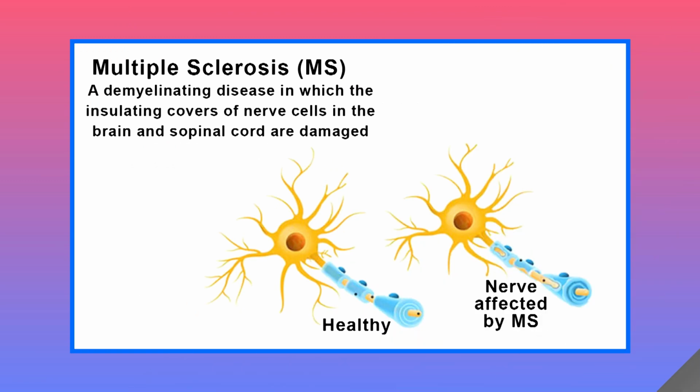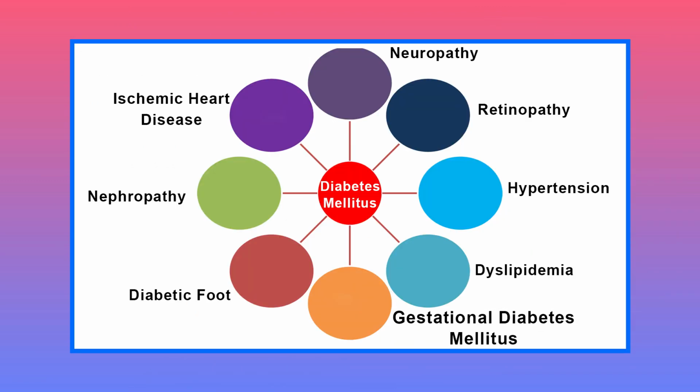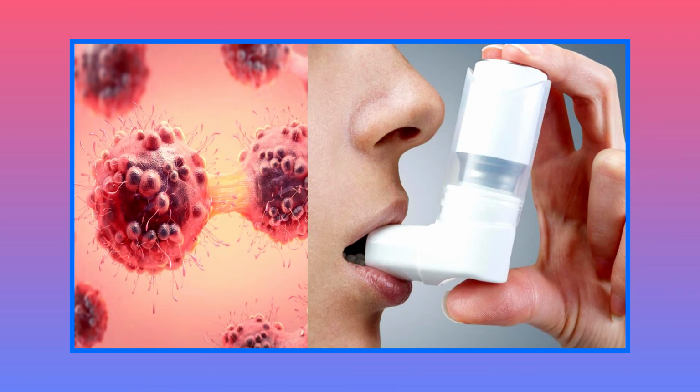There are many diseases which show multifactorial conditions. They include multiple sclerosis, diabetes mellitus, cancer, and asthma. Copy number variations or CNVs, epistatic change, and several environmental factors will contribute to the multifactorial diseases.